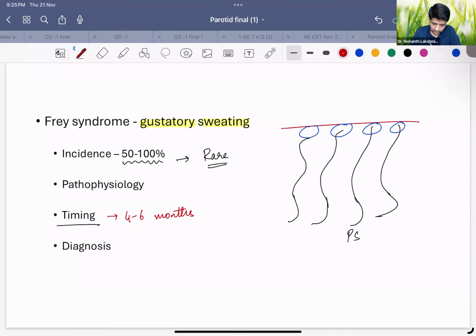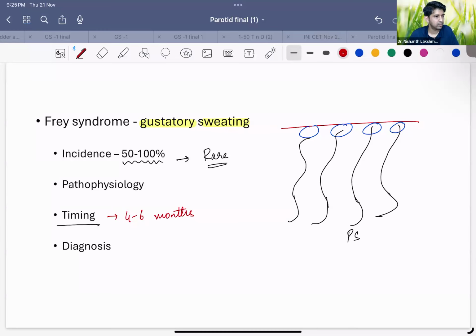Yes, sir. Now, first years, okay. How are you going to diagnose this case? Before that, shall we ask what is the anatomy of gustatory sweating or Frey syndrome?